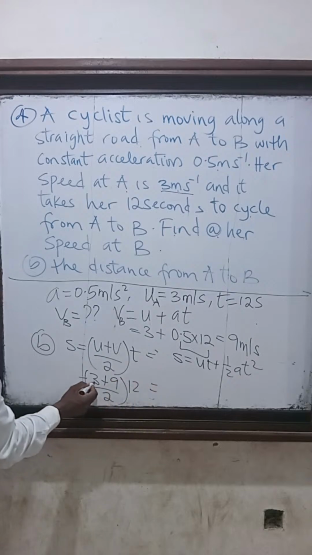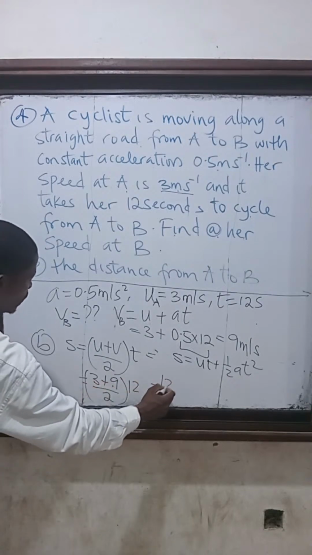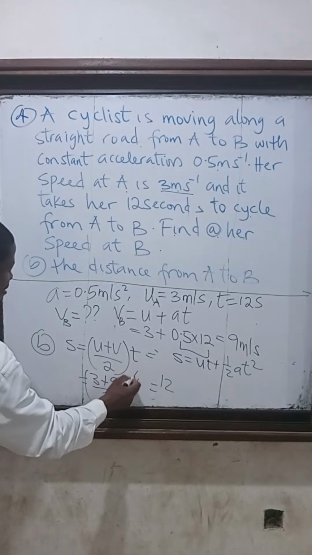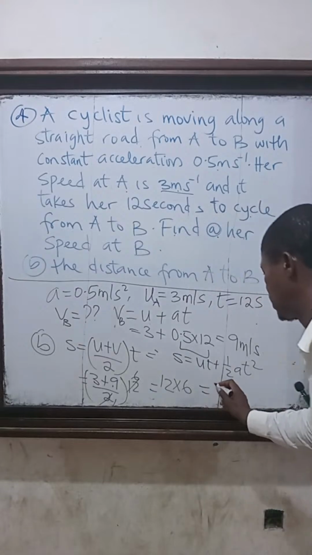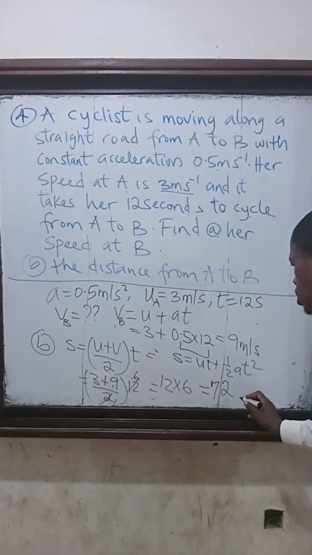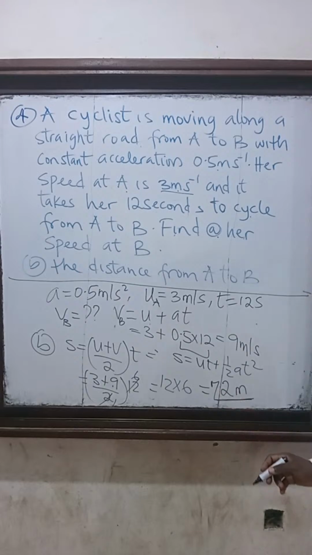That is 3 plus 9, that's 12. 2 here 1, 2 here 6. So times 6, that's giving us 72 meter. So that ends that question.